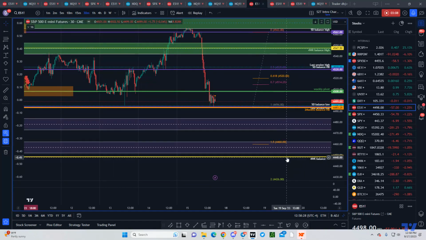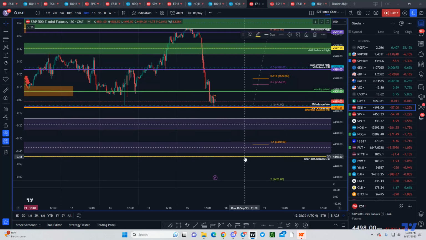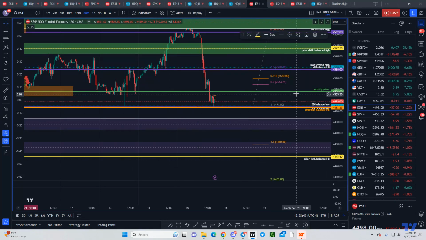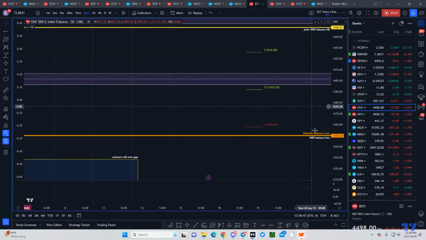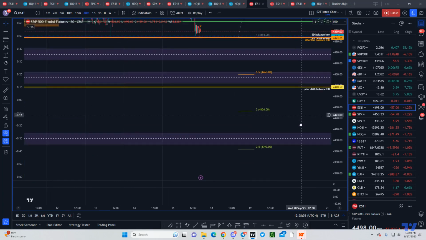So the 4 week balance, I'm going to have to write here 'prior' so there's no confusion, so I know that I'm looking at prior week information and not necessarily current week information. We'll keep it here for now.